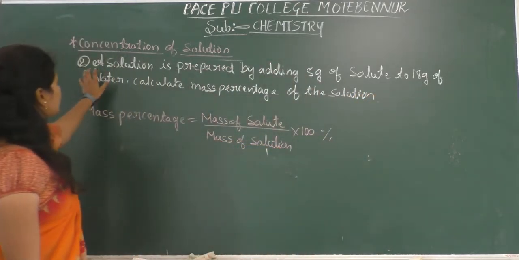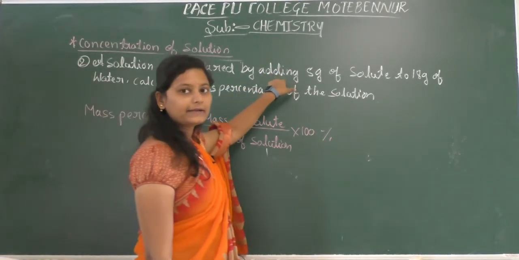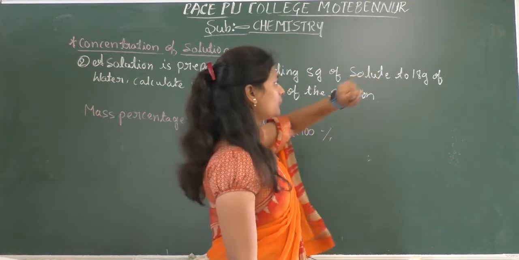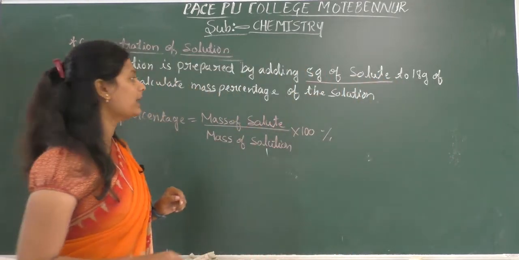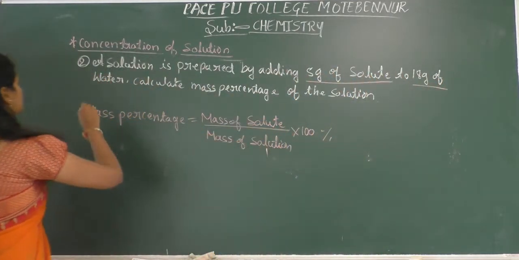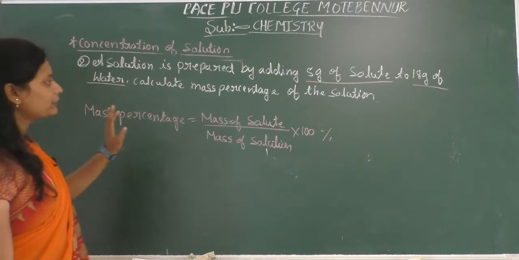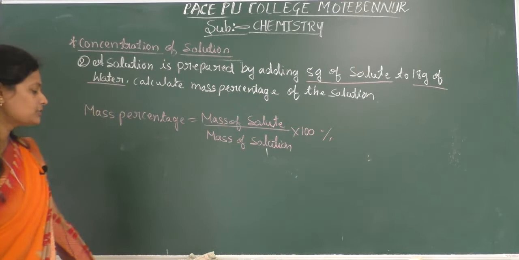So here the given question is, a solution is prepared by adding 5 grams of solute. Here the given is 5 grams of solute and 18 grams of water, so this is the solvent. Okay, so next what we have to calculate? Here we have to calculate the mass percentage of a solution.